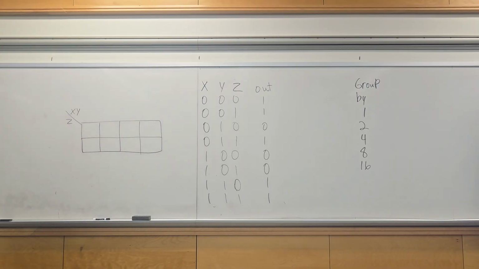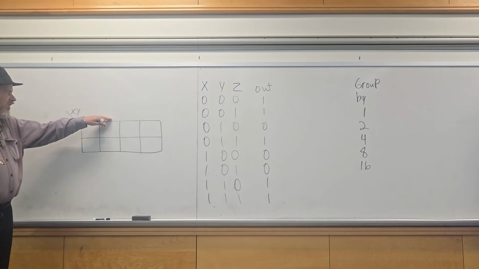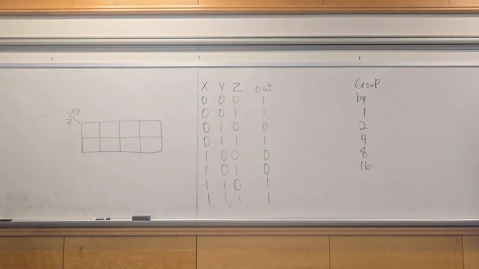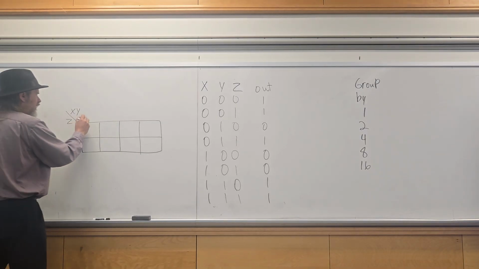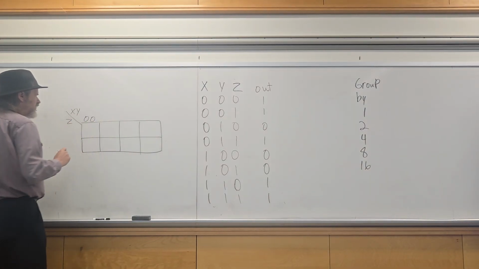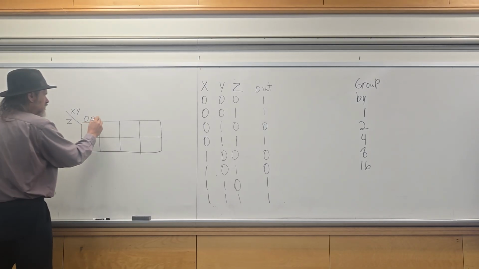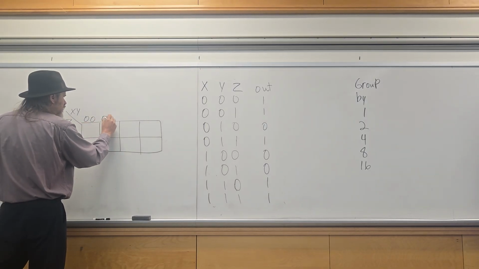Now, labeling the map this way, you go across the top, changing one bit at a time. So you start out with 0, 0, X is 0, Y is 0. Change one bit, X is 0, Y is 1.